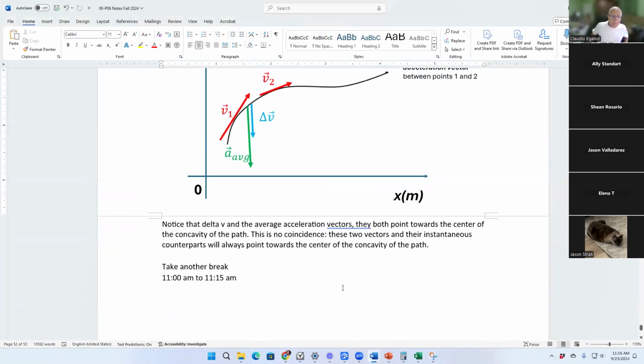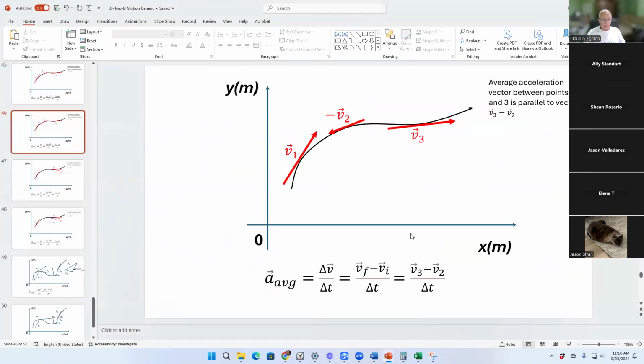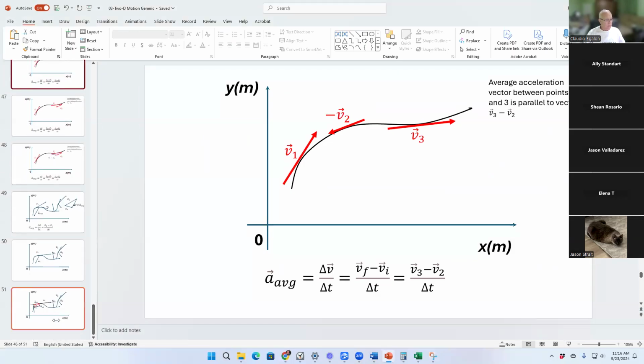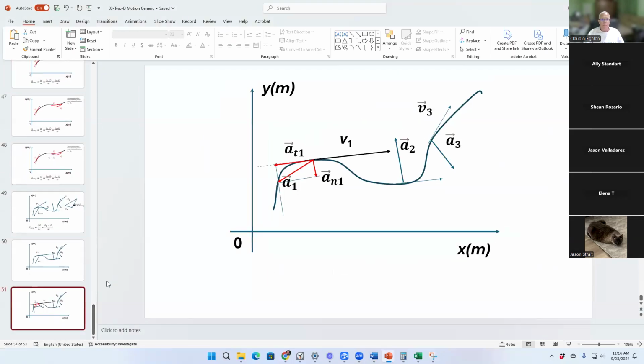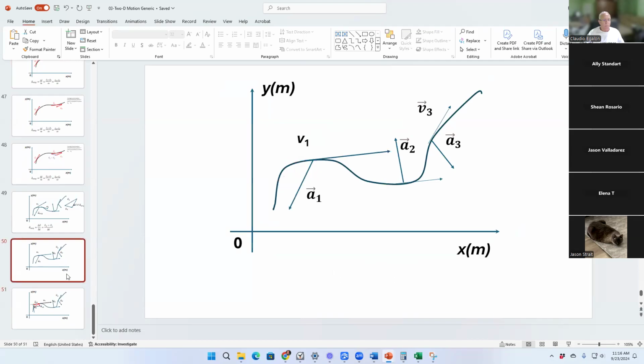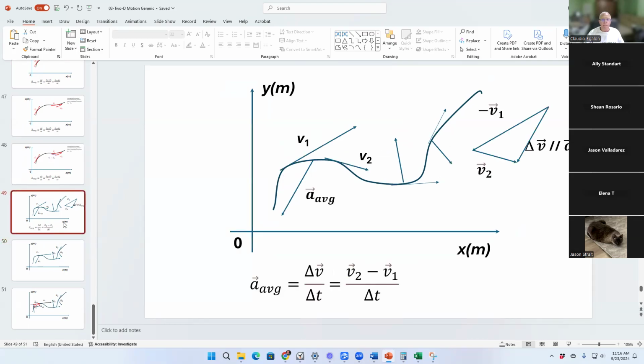Okay. Let me give you another example here. That's in my notes, in my PowerPoint, right? So here you go. Here's a different path than the one that you saw, okay?